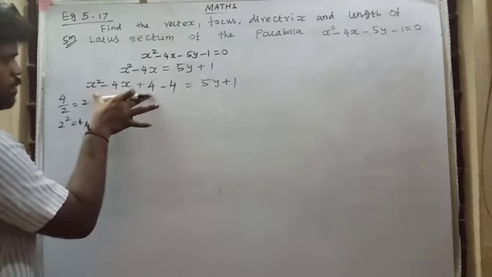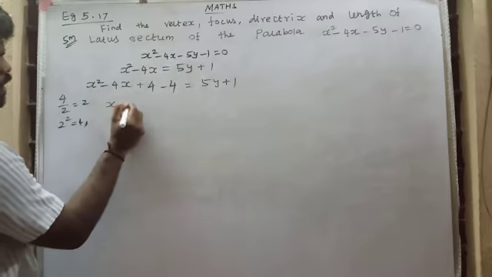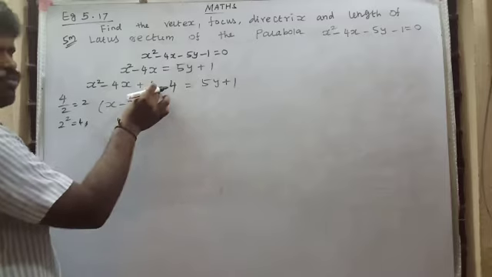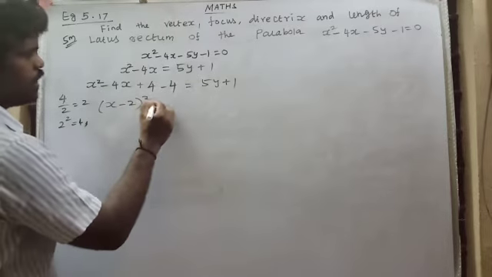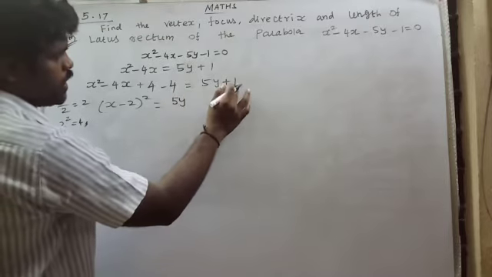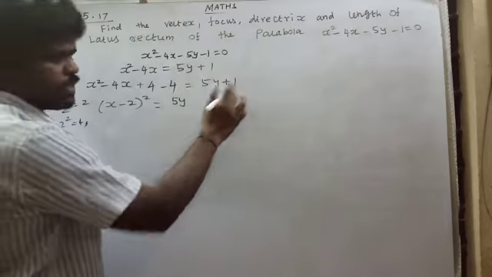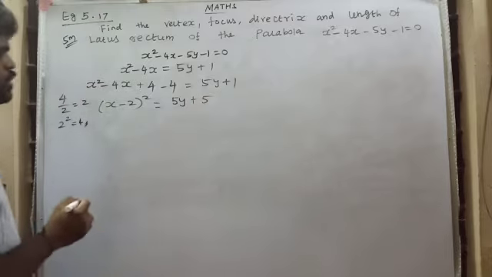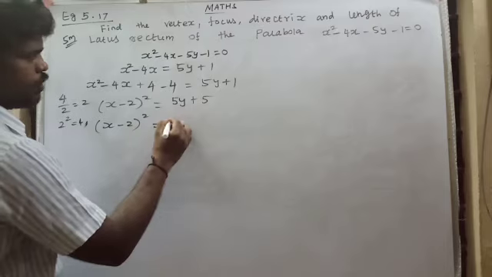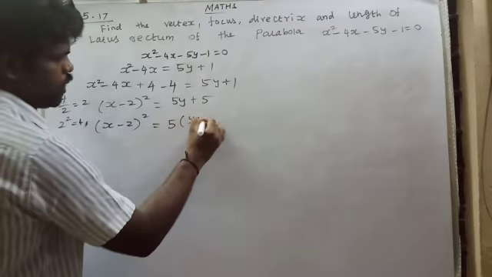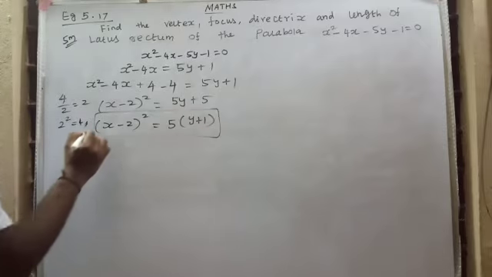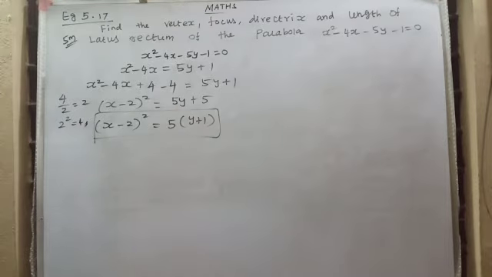Now this term can be written as (x - 2)², and the 4 goes to the other side: 5y + 1 + 4, the answer is 5. So (x - 2)² = 5(y + 1), taking 5 outside. This is the shifting origin form, of the form (x - h)² = 4a(y - k).